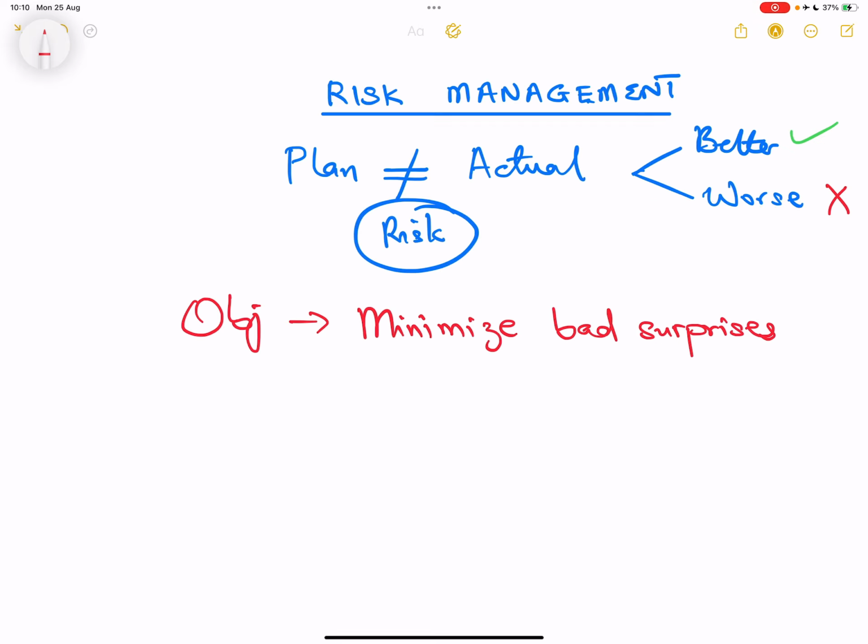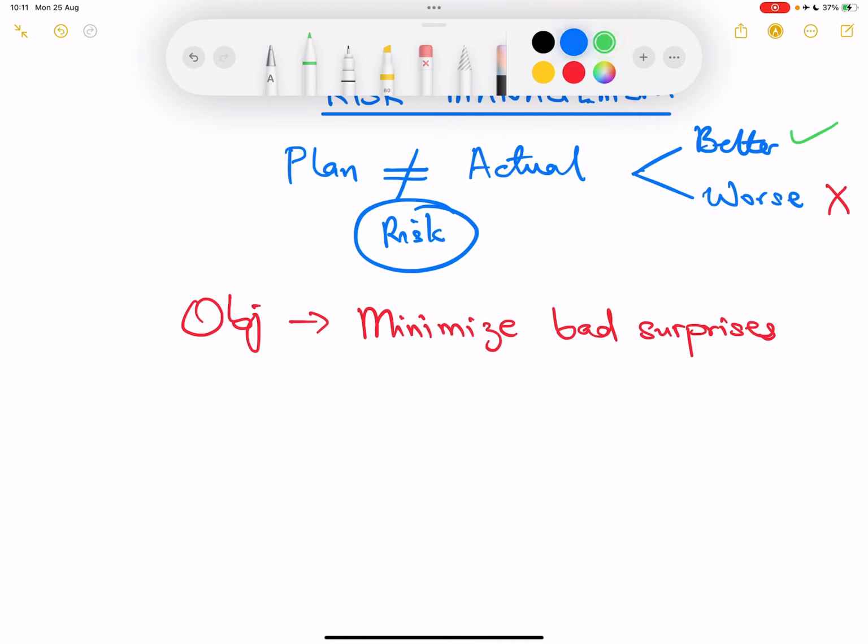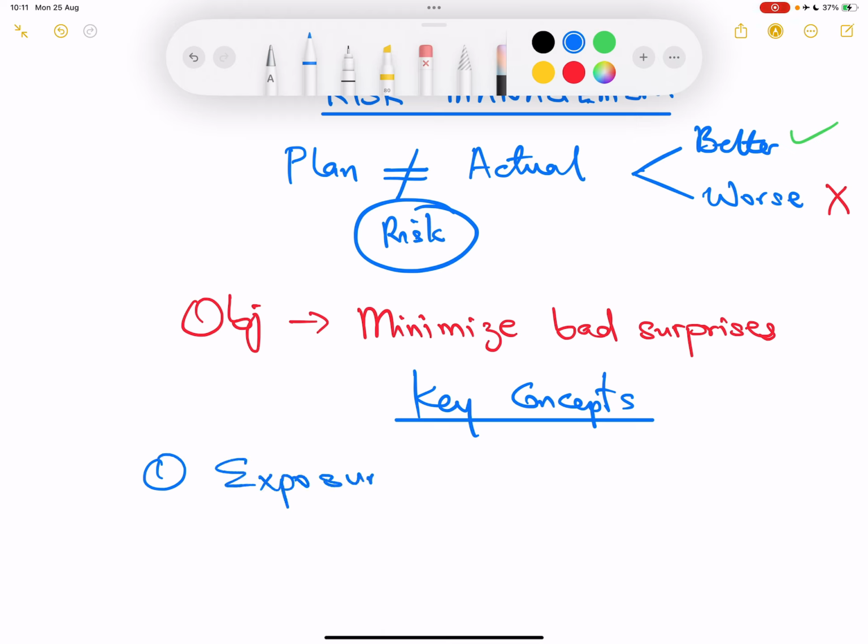So before I go into the risk management details, a few concepts that you need to understand, which I see students getting confused about. The first one is exposure. You need to know what is exposure. Exposure is simply the basis of your risk. That is what is at stake.